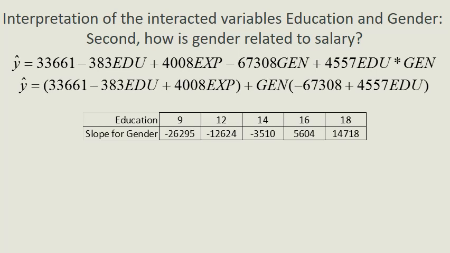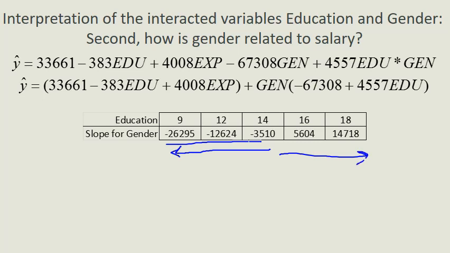We can see that lower education values have negative slopes, meaning that women get paid more than men. And the lower that education goes, the more of an advantage that women have over men. And it's the opposite for higher education values.